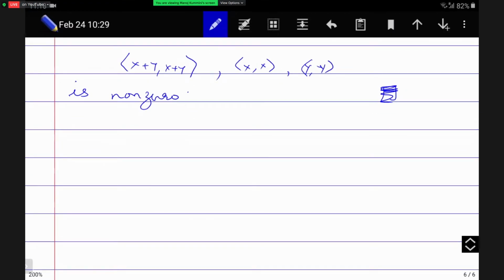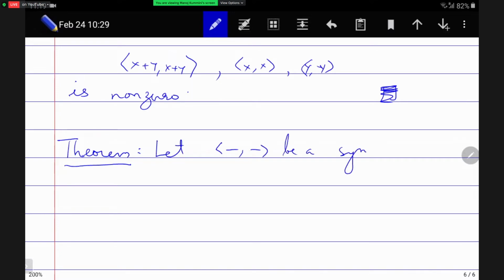So now we will prove the theorem that I stated earlier, which is that: let this be a symmetric or Hermitian form on V. This is over R or over C depending on the case. Remember these are two different hypotheses: we discuss symmetric forms for real vector spaces, and Hermitian forms for complex vector spaces.